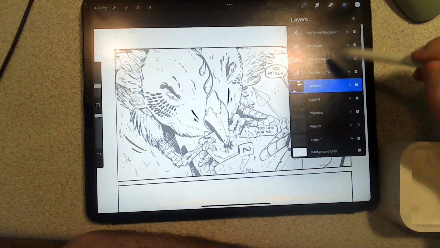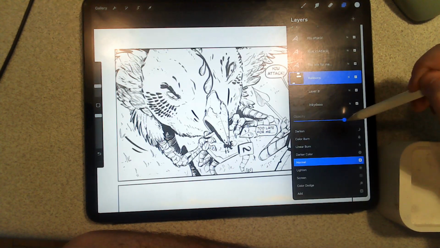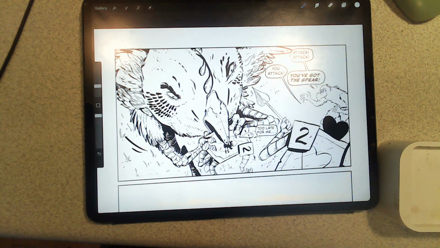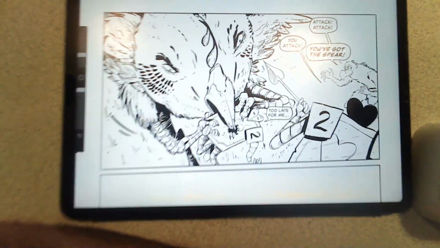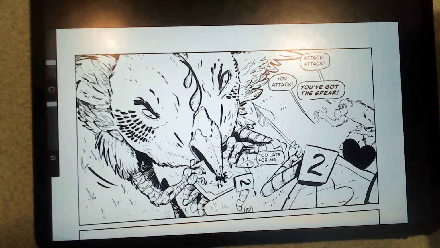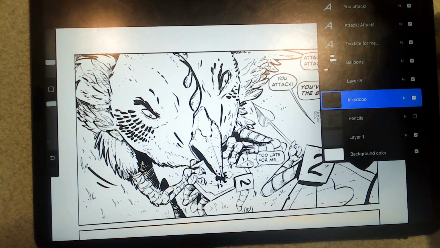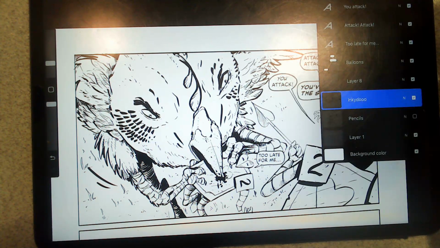Alright, so let's bring back opacity on Enkidu. Could we have almost a panel? We have almost a panel on Enkidu. Gasinky ink.